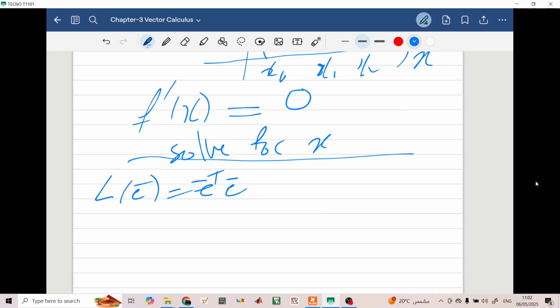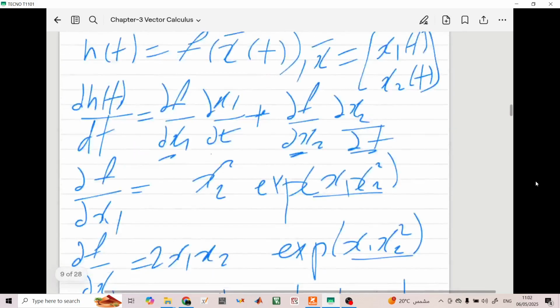It's not very obvious how to take the derivative of this form. When you are in confusion in the vector format, I suggest that you go to the scalar format. This equals what? This equals the summation of the elements of E.